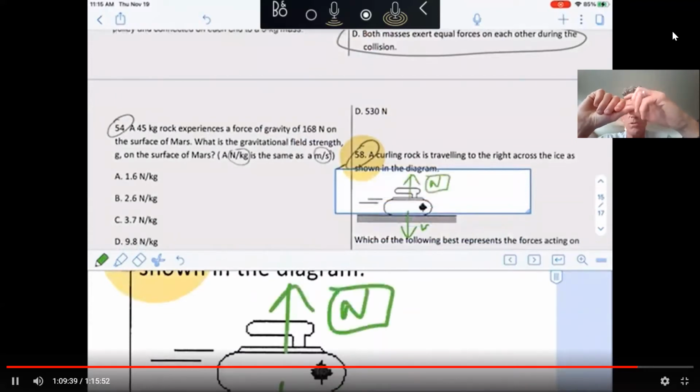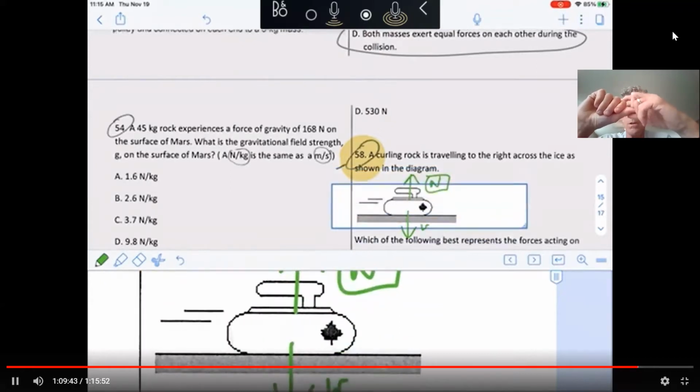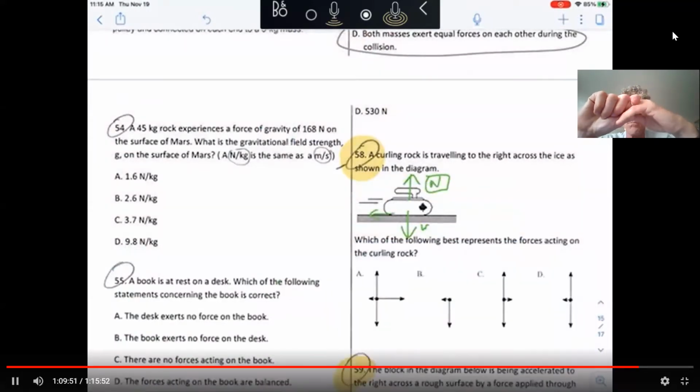And just because it's going forward doesn't mean there's a forward force. Even though it's on ice, there still is friction opposing the motion. I'm going to draw that as an arrow pointing to the left. There's no forward pushing force at all. So it has to be that picture right there.